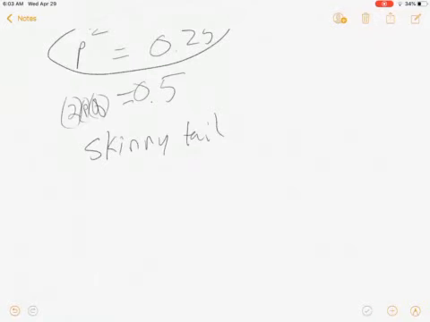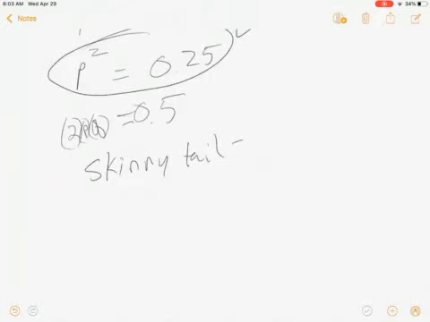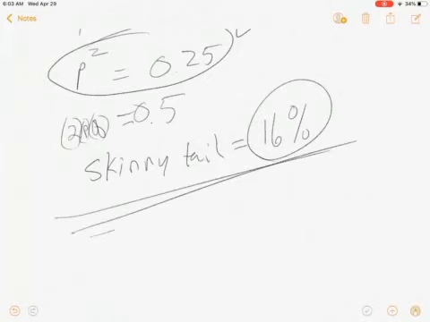Let's say we find it in 16% of individuals. 16% of individual squirrels in the town of, let's see, what's a fun town? Rehoboth, Massachusetts, are going to have a skinny tail. Okay, so I'm going to ask you guys to go ahead on this one, and you can post your answer on Google Classroom in the comments if you'd like. Or you can email it to me, or just see what you can do with it.